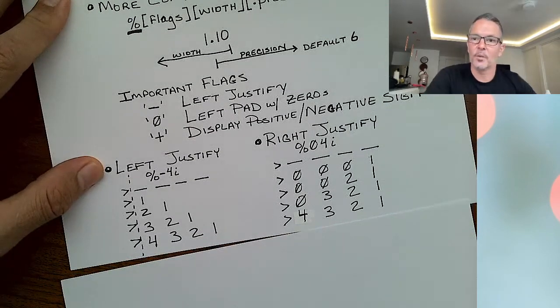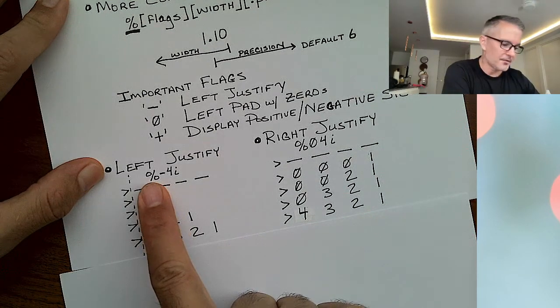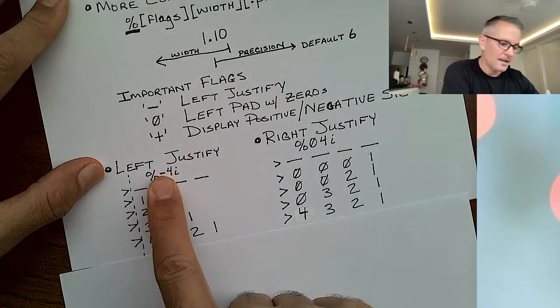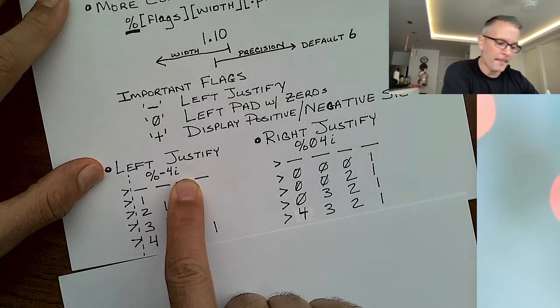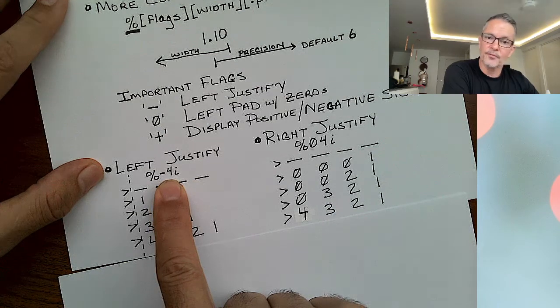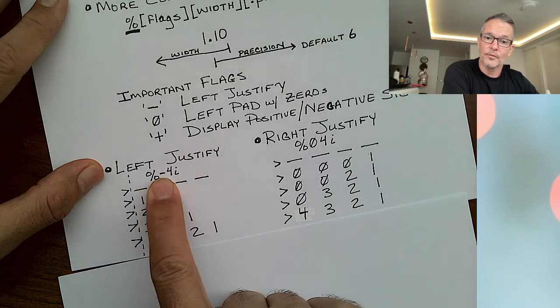All right, so let's finalize this with a couple of examples. What does it look like when I left justify? If I did a format string like this, %, the negative sign, 4i, I'm saying I want you to print 4 characters no matter what. I'm giving you an integer, and this negative means left justify.